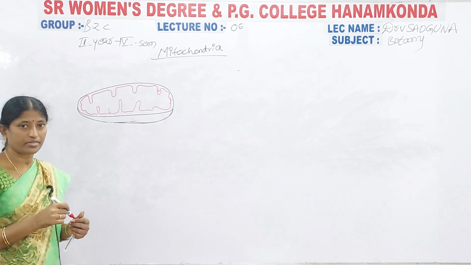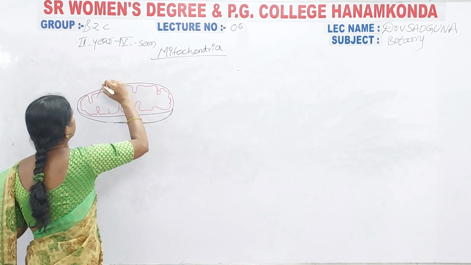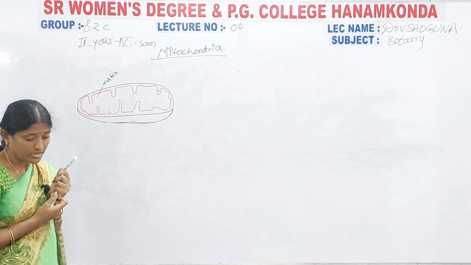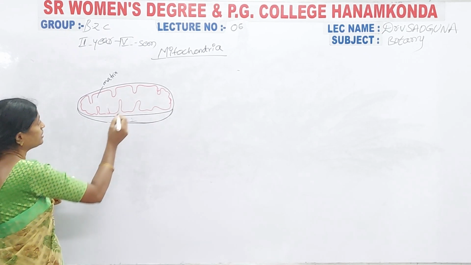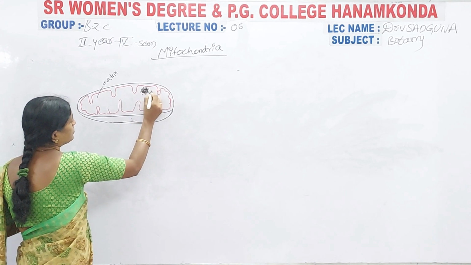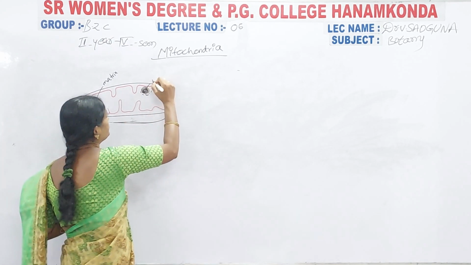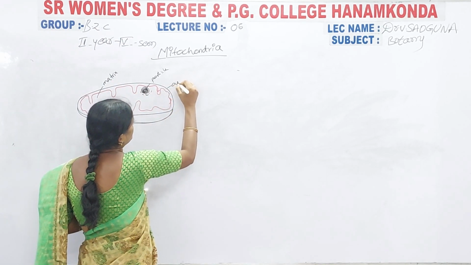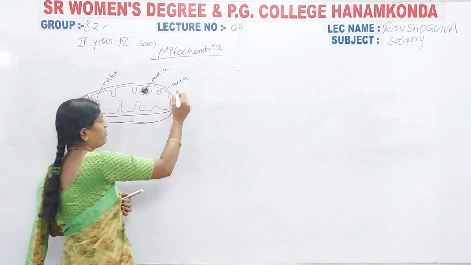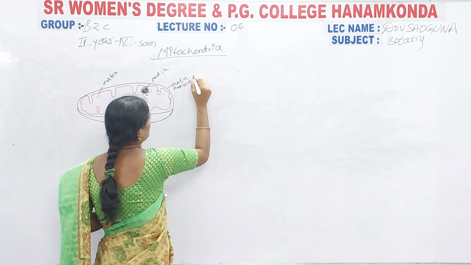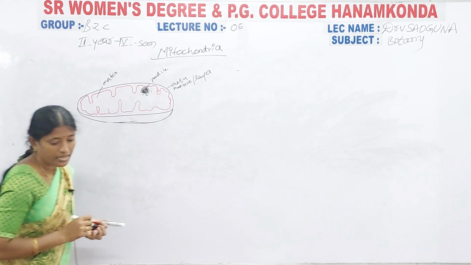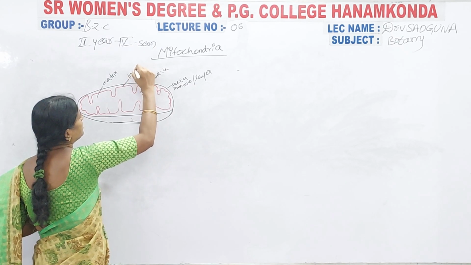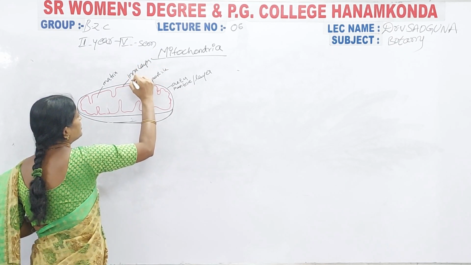The inner region is called the matrix, and it has many different particles. Then there is the outer layer or outer membrane, and the inner layer or inner membrane.